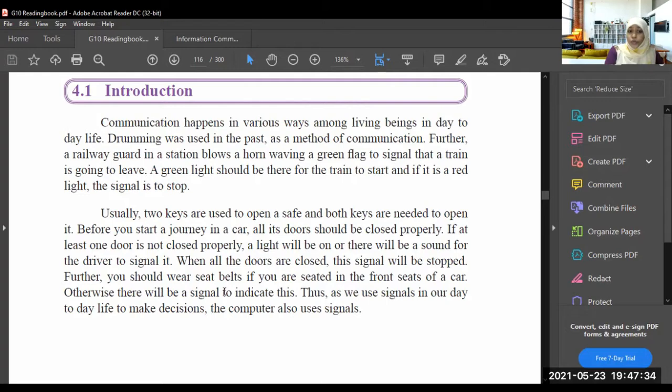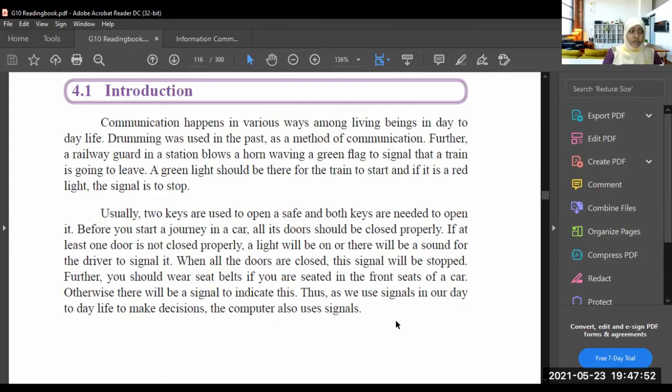Further, you should wear seat belts if you are seated in the front seats of a car. Otherwise, there will be a signal to indicate this. Thus, as we use signals in our day-to-day life to make decisions, the computer also uses signals, right?